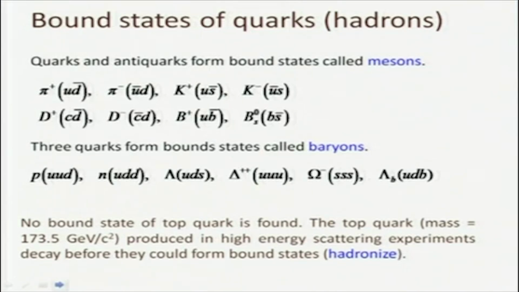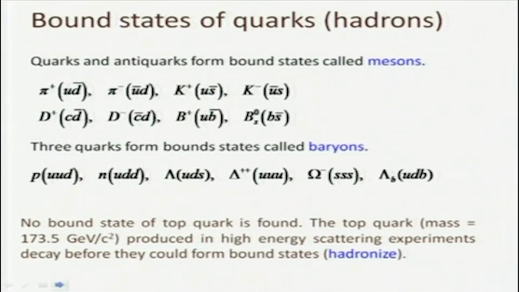There are no bound states of top quark found. All other quarks U, D, S, C, B, all these 5 quarks are found to form bound states of different masses, different properties, etc.